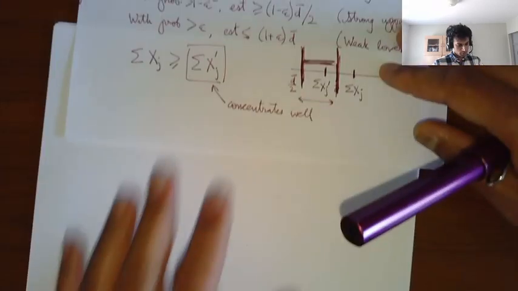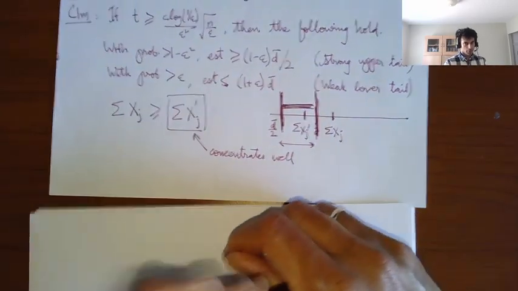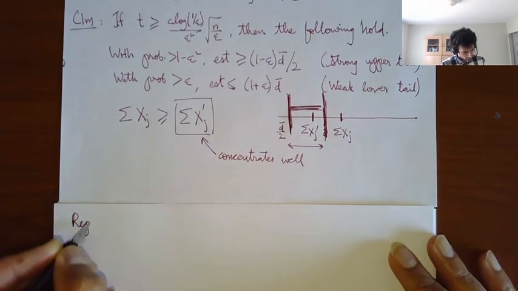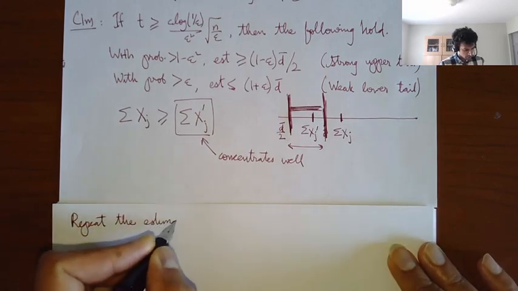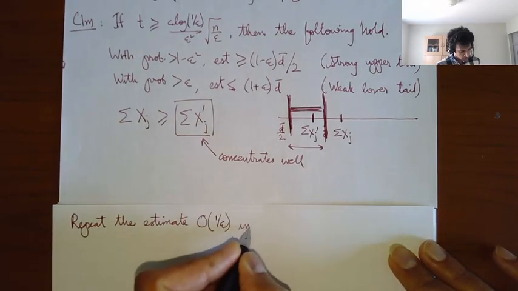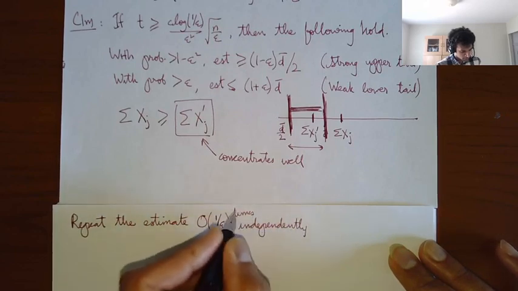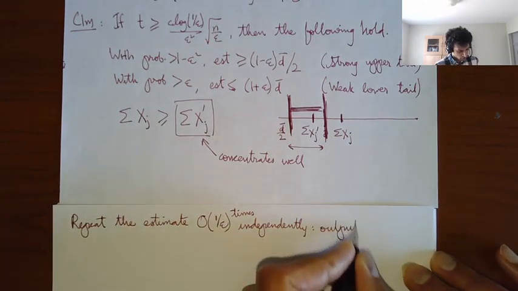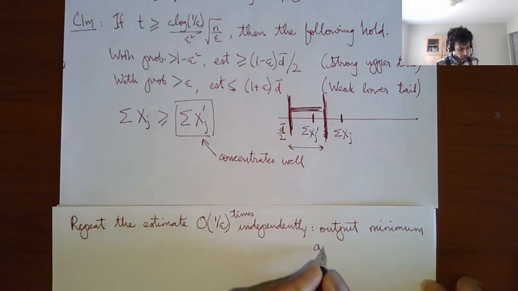Let me keep this black box over here, and what you can do is repeat the estimate O of 1 over epsilon times independently, output the minimum amongst them.